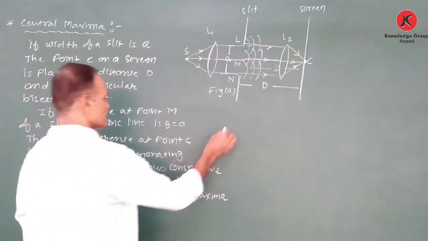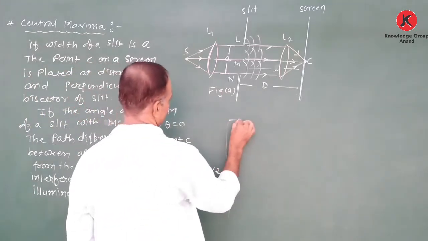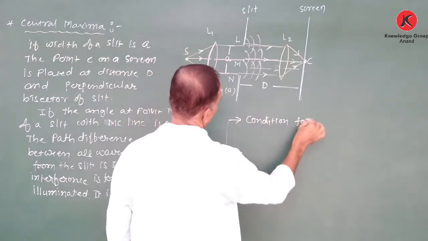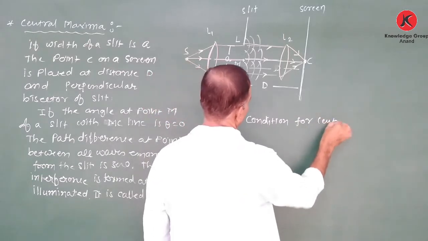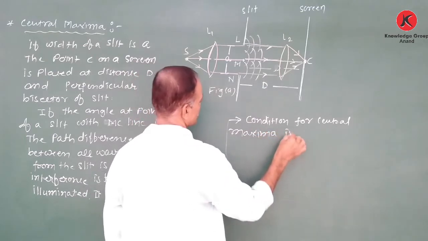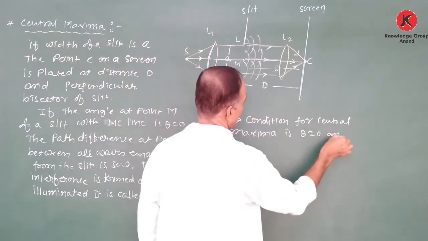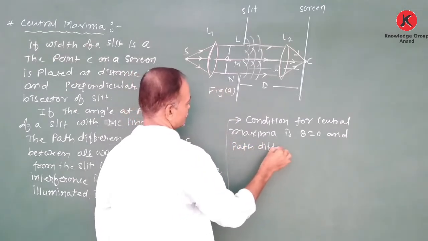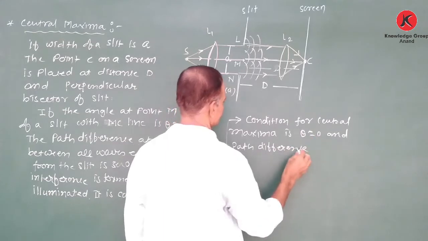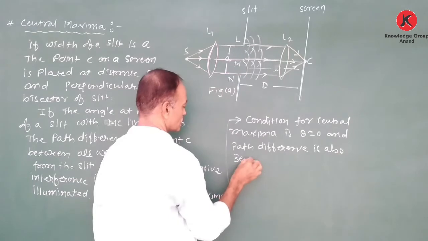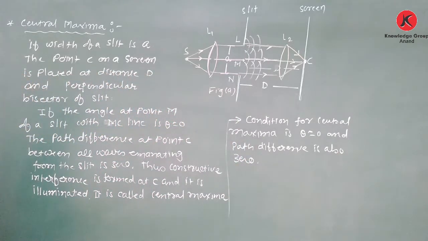The condition for central maxima is theta is equal to 0 and path difference is also 0. So that is the discussion of the central maxima.